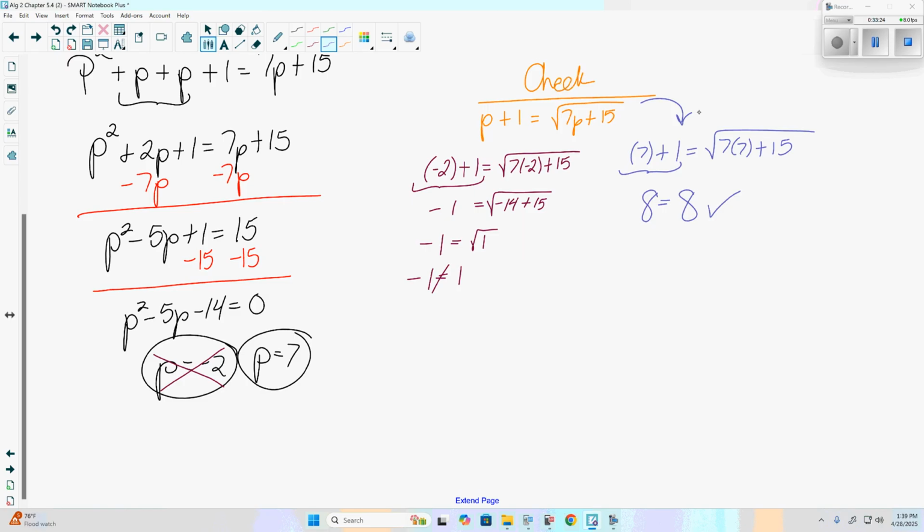And on the test, when I say check, that's all I'm looking for. That you plugged in the value and made sure that both sides are equal. Both sides are the same value. So the only solution for this here is that p is equal to 7. Questions on this here?